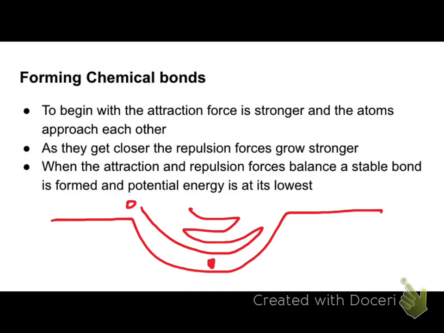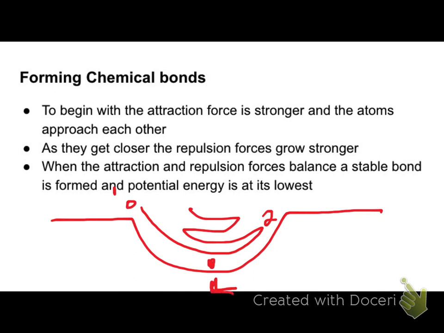This is a good model for the way energy looks in these atoms. So right here, where I've labeled it 1, would be the point at which they just begin to attract each other. Those attraction forces are really strong, and they pull it. And then as they pull them closer and closer together, you're going to come over here, at the bottom, and this is our lowest potential energy.